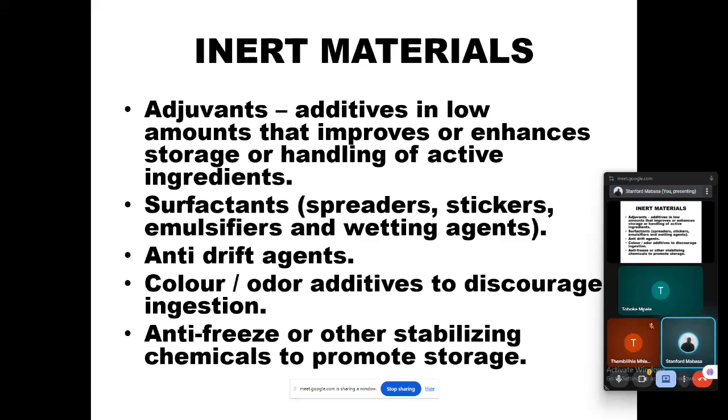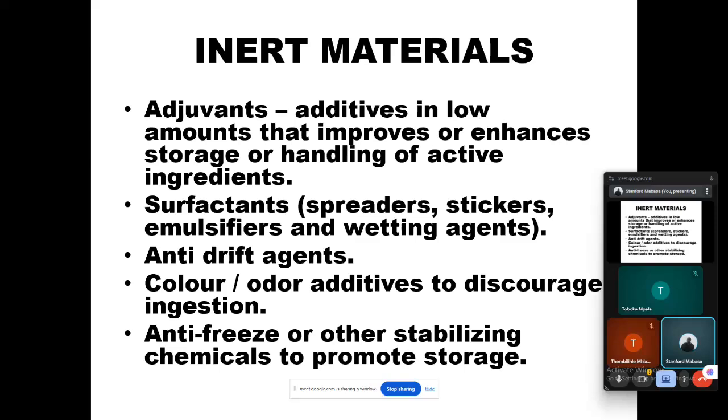We go into inert materials. What are they? Which are part of the pesticide. These are adjuvants or additives in low amounts that improve or enhance storage or handling of active ingredients. Surfactants, we have spreaders, stickers, emulsifiers, and wetting agents, which could be part of the pesticide.